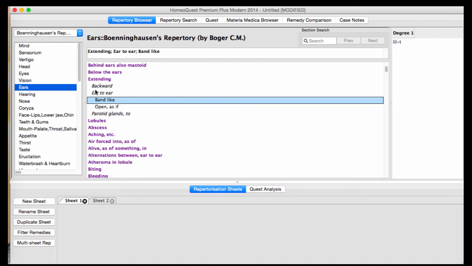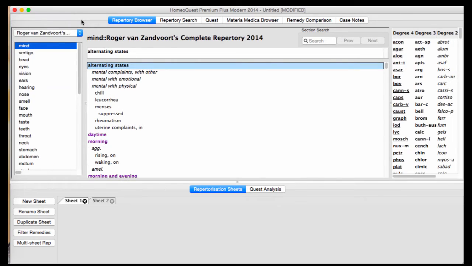There are lots of different strategies here, and most people would choose one big repertory and just stick with that, but I would not actually do that in my cases.